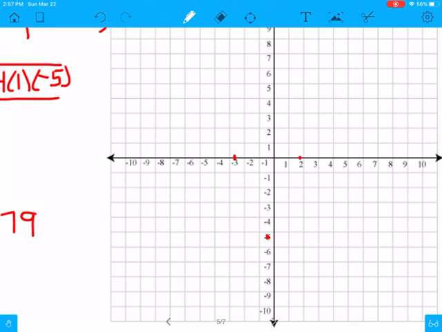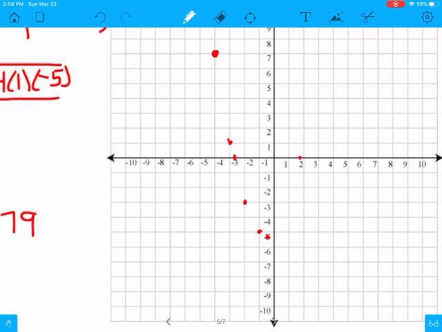So I have on here negative 4 and 7. I have negative 3 and 1. I have negative 2 and negative 3. I have negative 1 and negative 5.